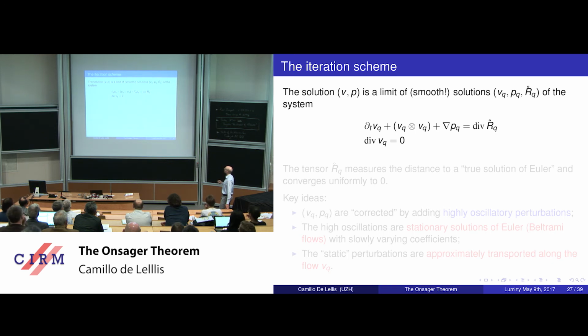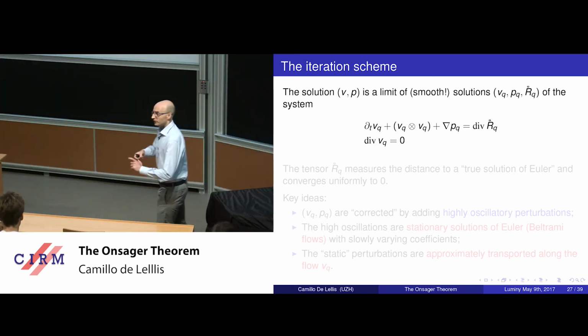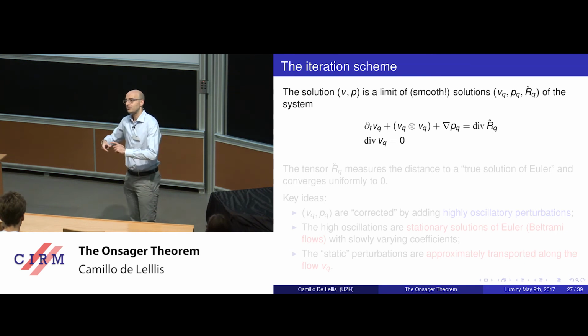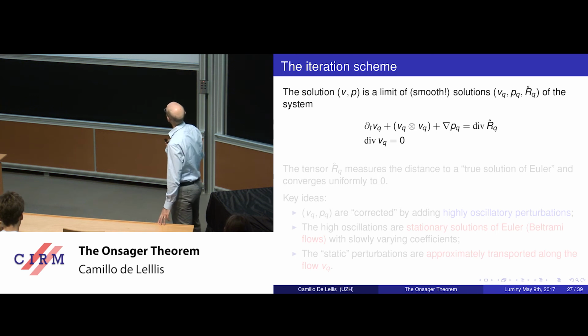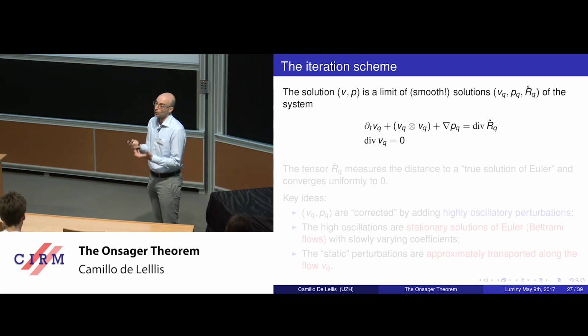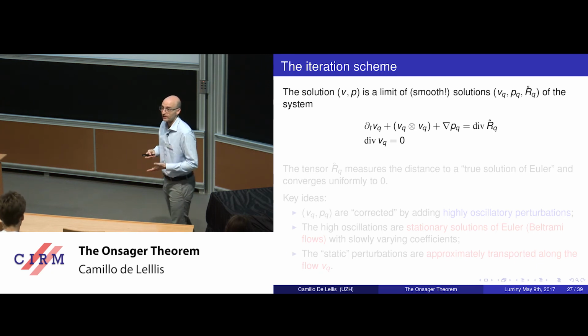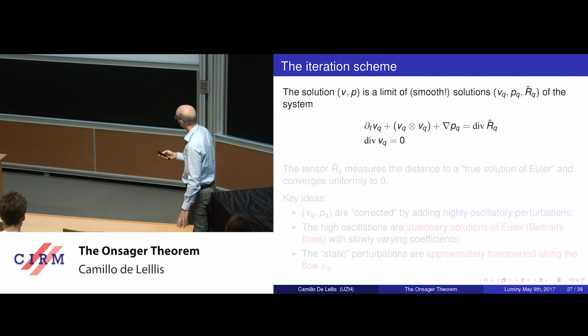And what is happening is that along the iteration, this tensor is going uniformly to 0. So your iteration mechanism is producing a sequence of solutions to these approximate Euler equations, where the right-hand side is going to 0, and v_q is Cauchy, for instance, in C0, and so it's converging to a weak solution.